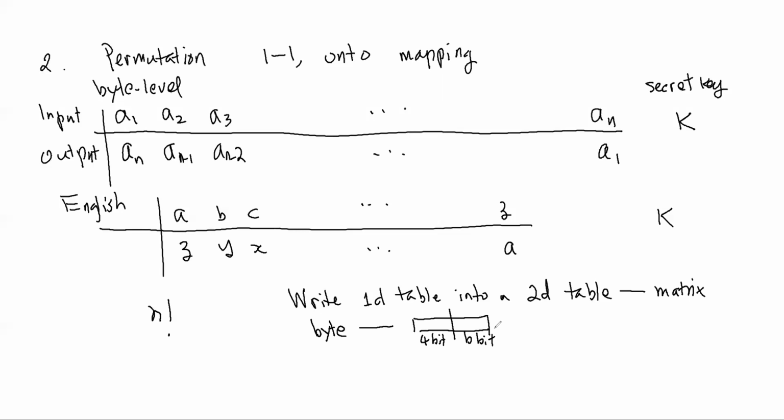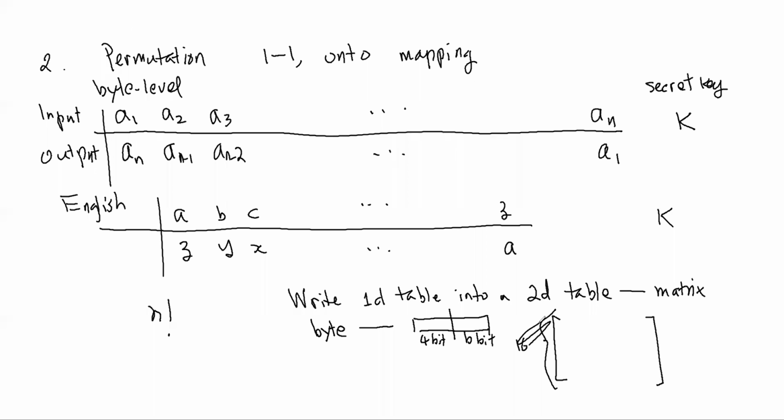There are lots of different ways to substitute a value, so we can just make up a matrix. 4 bits can represent 16 different values, so that will be 16 rows and 16 columns.